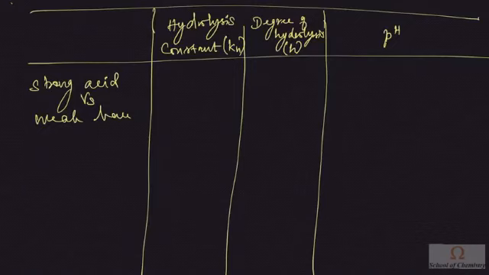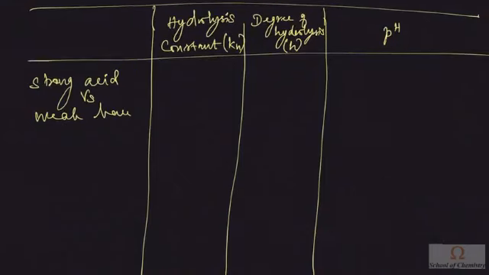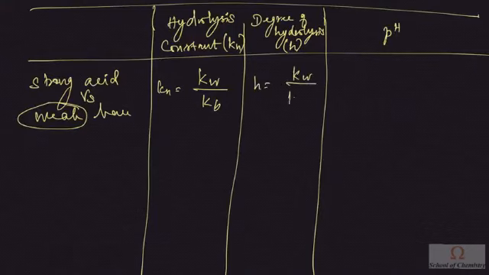First, let us consider the salt formed from a strong acid versus a weak base. Now KH will be given as KH is equal to KW, the ionic product of water, divided by Kb. I want you to consider the weak parent's nature. And for the degree of hydrolysis, h will be the square root of KW by Kb into C, where C is the concentration of the solution.